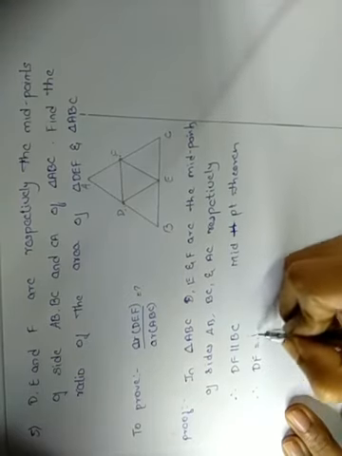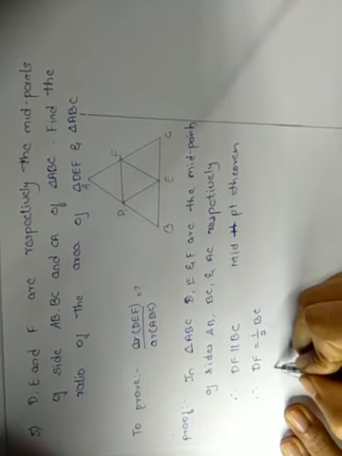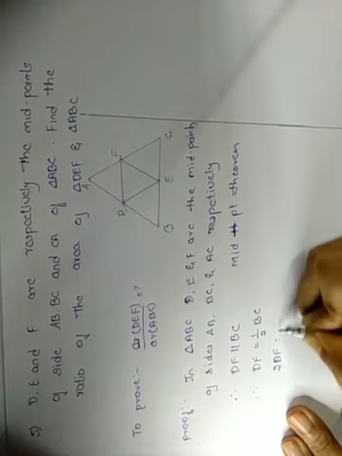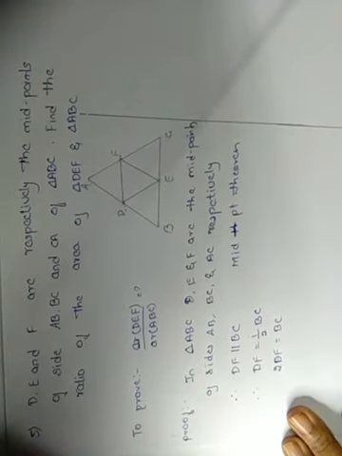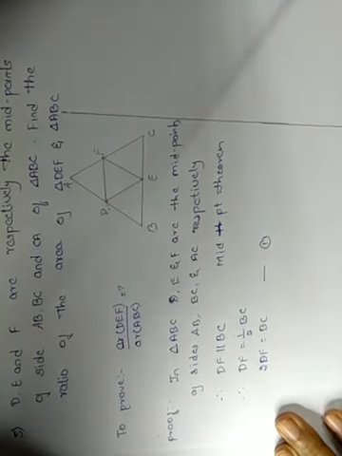DF is equal to half of BC, right? I will bring this 2 to the left hand side. So 2 times DF is equal to BC here, right? Now we'll call this equation 1.